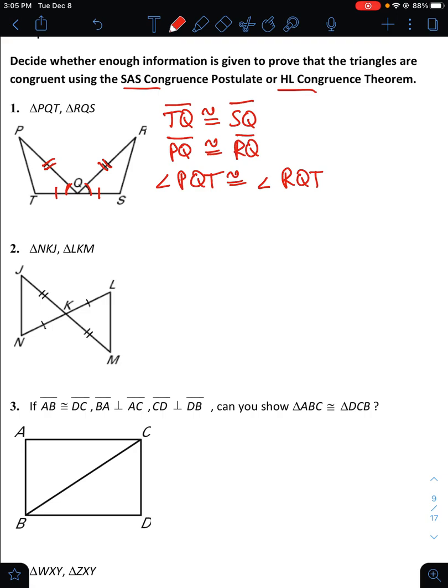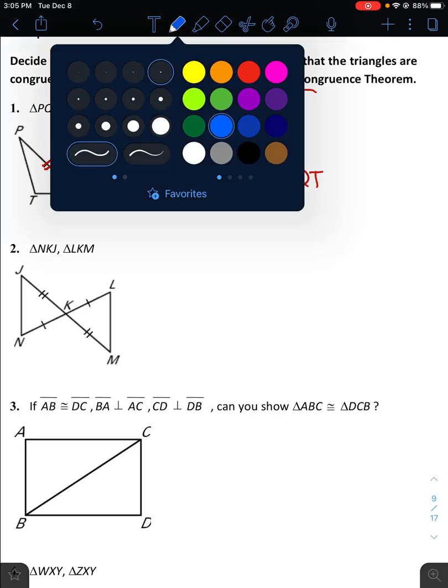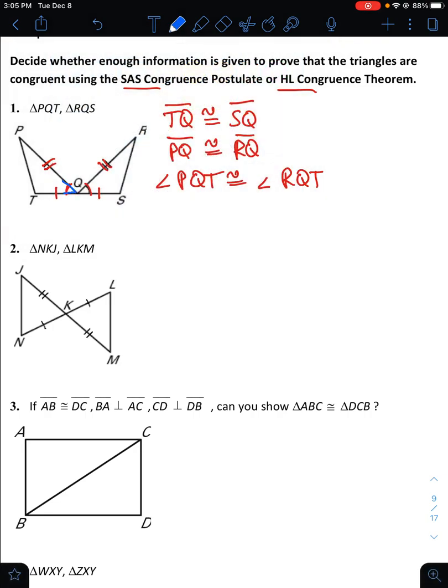So the question is, do we have enough information to prove them congruent? And we do. In fact, because this angle right here is the included angle in between the two sides, we can use SAS. So I'm just going to go ahead and finish this up and say triangle PQT is congruent to triangle RQT by SAS.